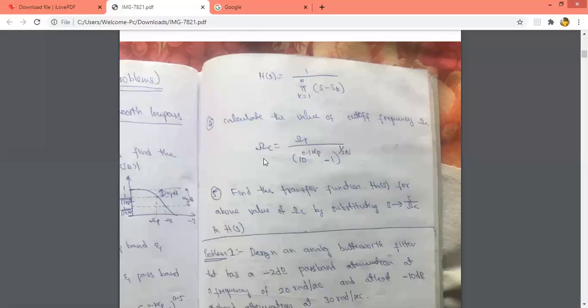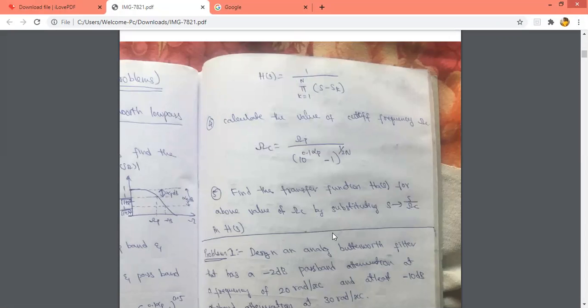How do you do that? In H of s, the form we got, replace s with s by omega c. So you get a filter with the given cutoff frequency.